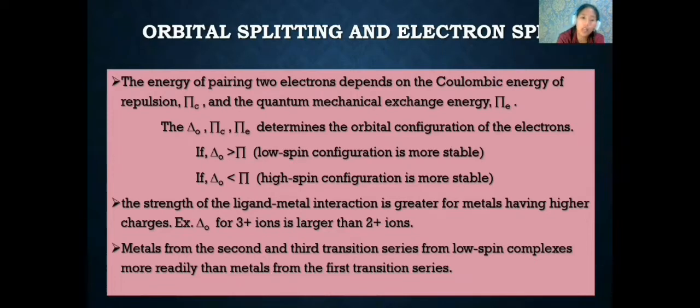But if the delta O is less than the Coulombic repulsion energy, it has a high spin configuration, which is more stable.